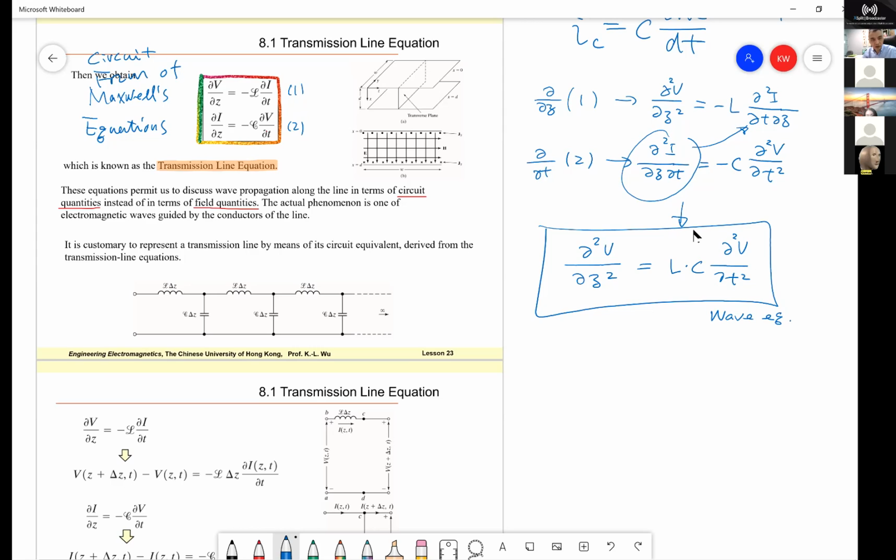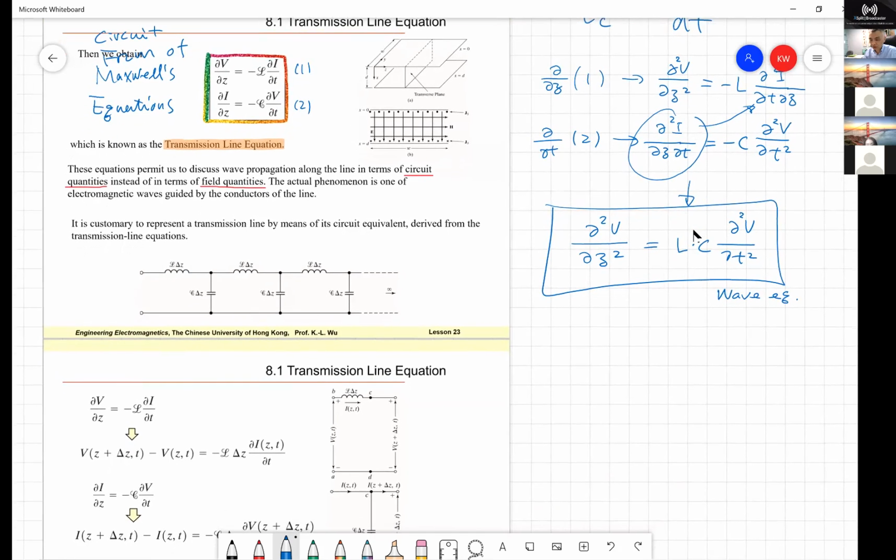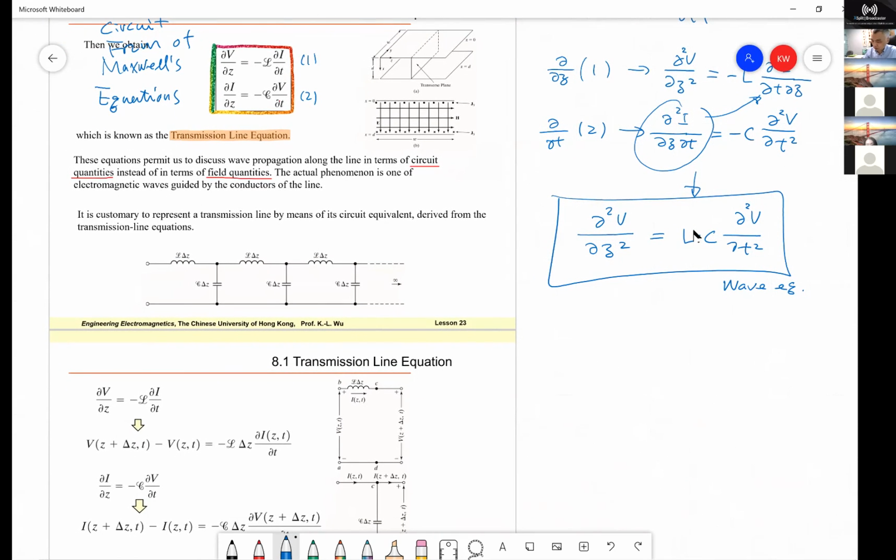This is not true for ordinary circuit. So this is a very special property for voltage and current down the transmission line. And also we can see for a given transmission line, to represent a very short section of transmission line, we can use its circuit equivalent.